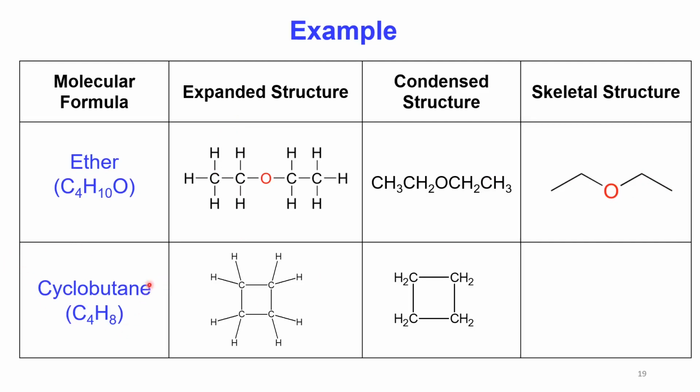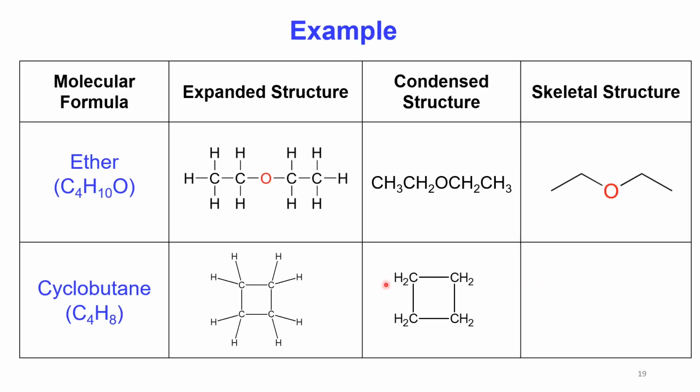The second one is cyclobutane. This is a cyclic compound. In the ring there are 4 carbon atoms, and each carbon atom is bonded to 2 hydrogen atoms. So we need to show all the bonding between carbon and carbon in the ring, and also carbon with hydrogen. So this is expanded.